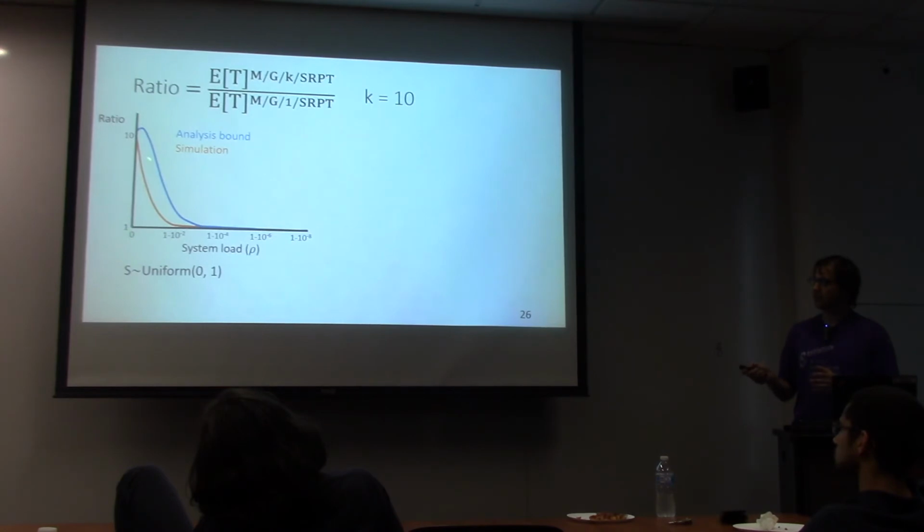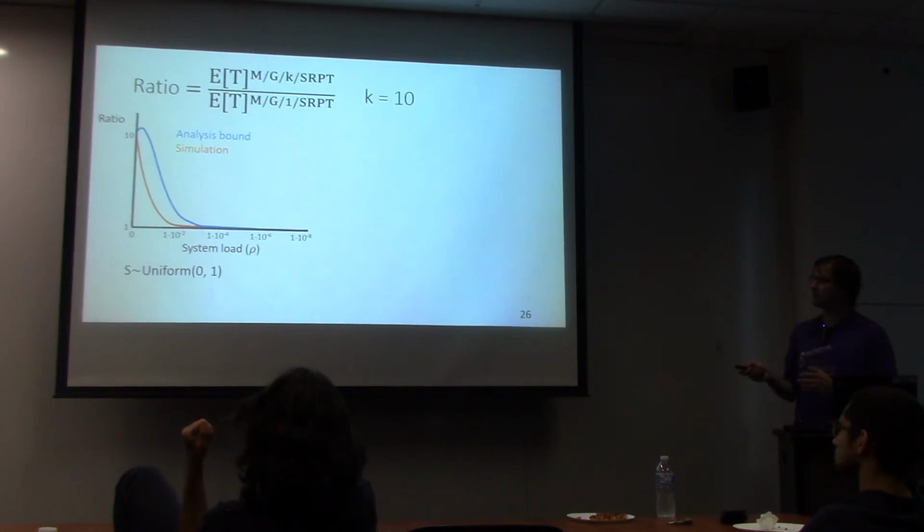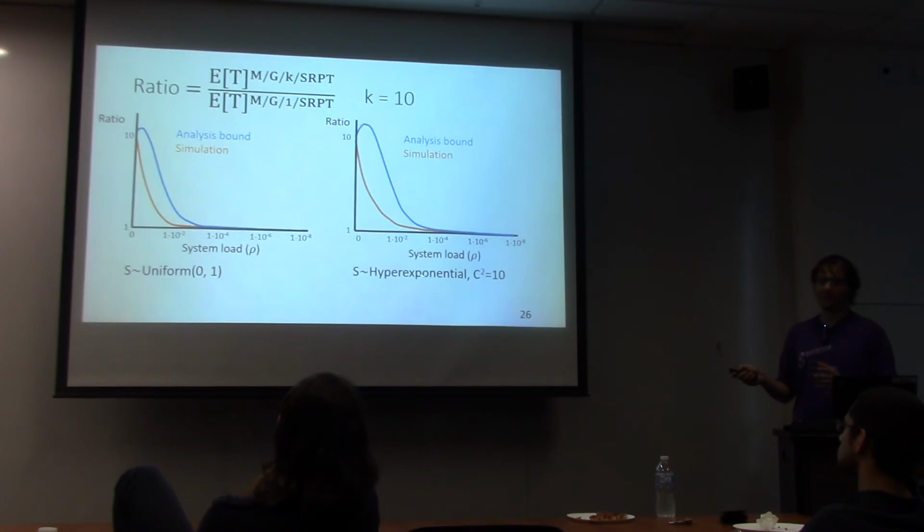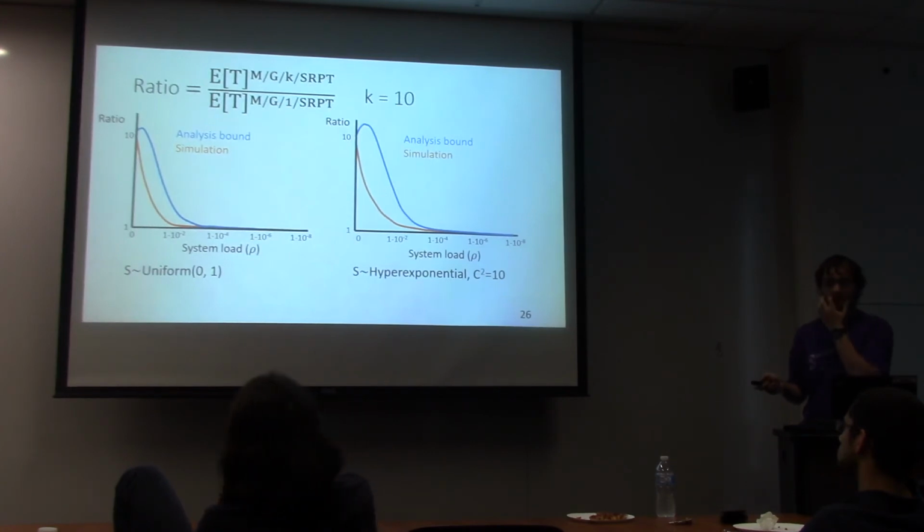This is the ratio, and this is the system load. And so we show the bound we give via analysis, and also the simulated results of this system. And likewise, we can do this for a job size distribution with a bit more variance, when it's hyper-exponential with higher coefficient of variance.